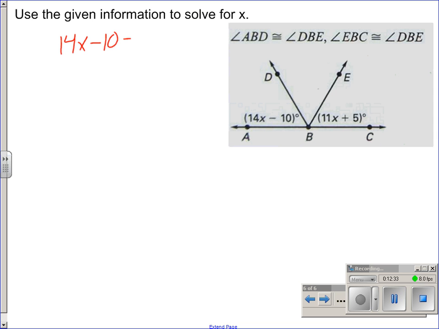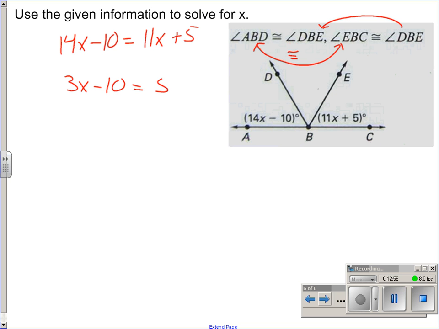14x minus 10 equals 11x plus 5, just with the transitive property. Angle DBE is the same angle. It's congruent to these two angles, so then these two must be congruent. And so we just set them equal to each other. And now we solve for x. So I'm going to subtract the 11x from both sides.